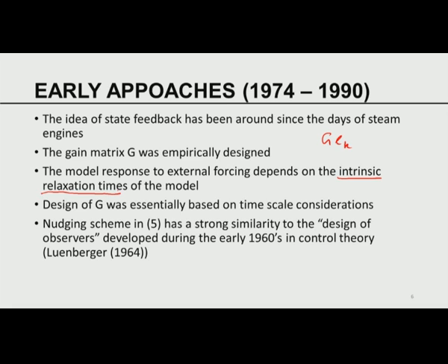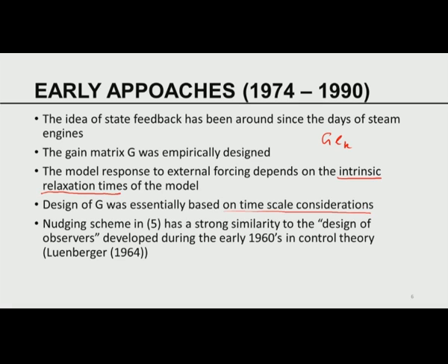So the design of G in the early days was essentially based on time scale considerations. What is the intrinsic time scale of the processes involved? How long does it take for the model to respond to the external force? So the value of the matrix G was essentially heuristically decided, and the considerations were essentially based on the time scales of the processes involved in the model solution.